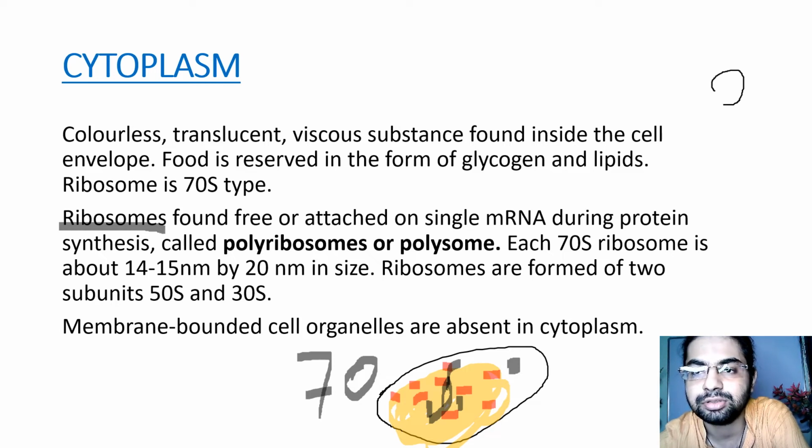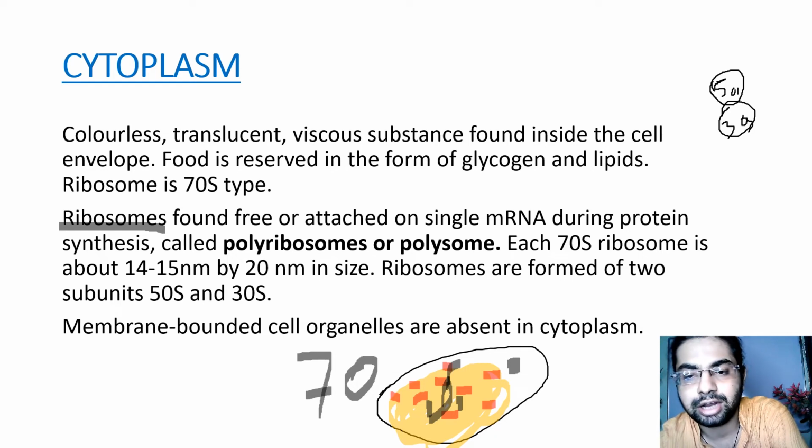So if this is the ribosome, the larger unit is the 50S and the smaller unit is the 30S. Membrane bounded cell organelles are absent in the cytoplasm. So in prokaryotic cells, all the organelles present inside or embedded in the cytoplasm are generally membraneless. No membrane is found around the cell organelles.